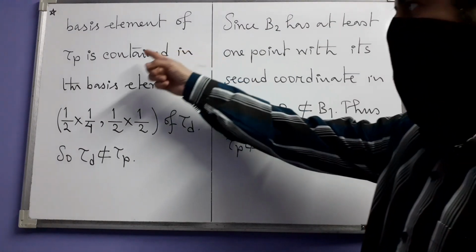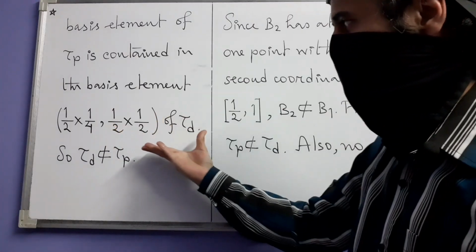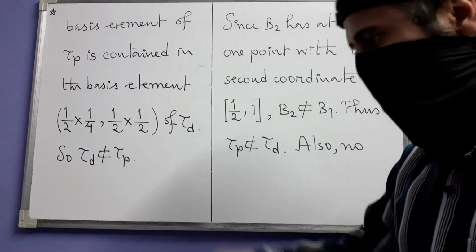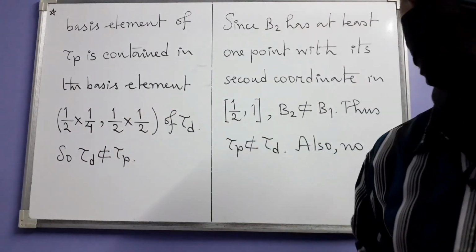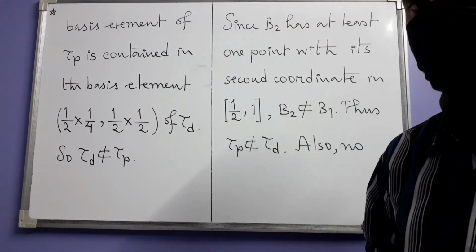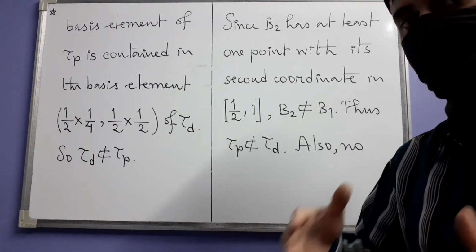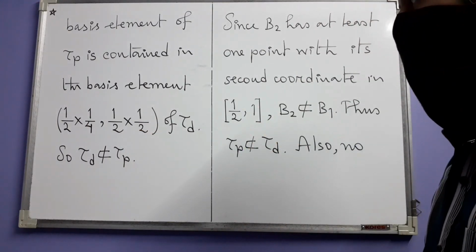Also, no basis element of the product topology is contained inside this basis element of the dictionary order topology. This is a vertical open interval whose two endpoints are these two ordered pairs. You already know these things because this tau D is the dictionary order topology. It's an open interval in that dictionary order.